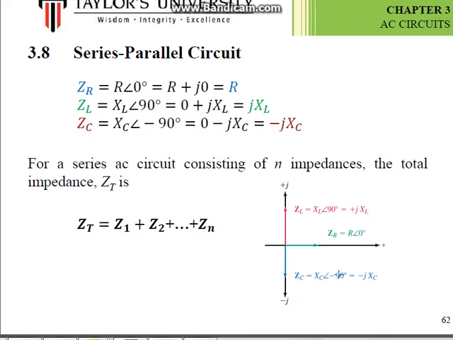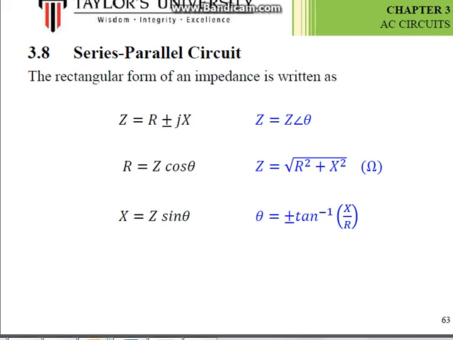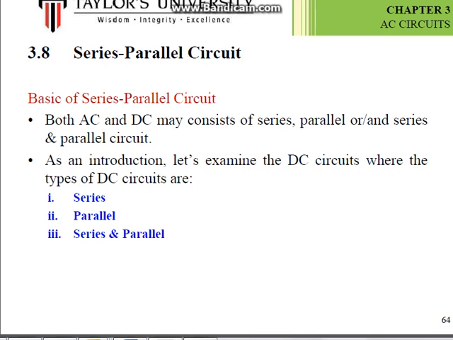And this one is the other way around. So that's just how it's being represented, and the rectangular form of how things can be written. This is just sort of mathematical stuff.